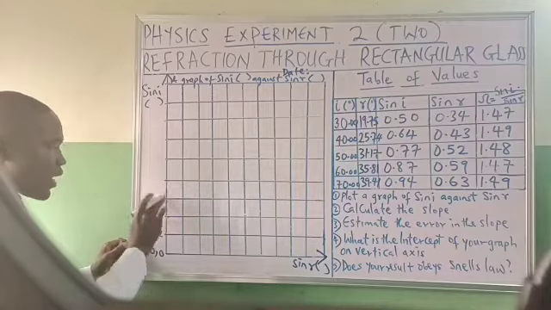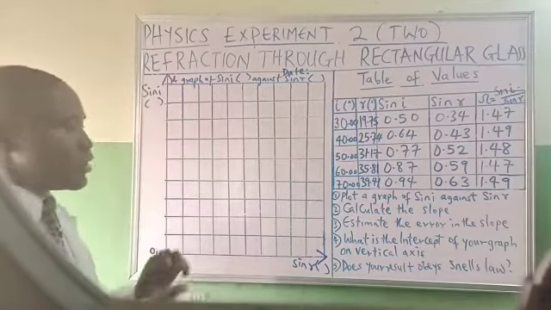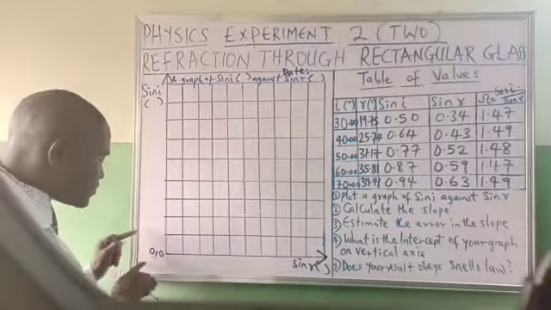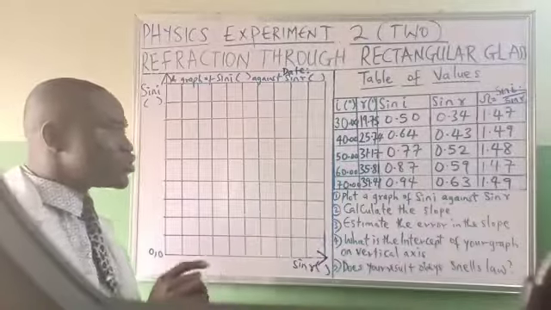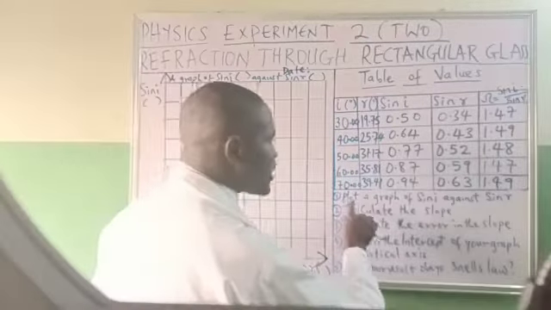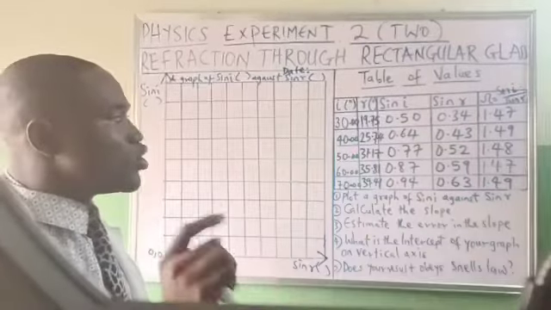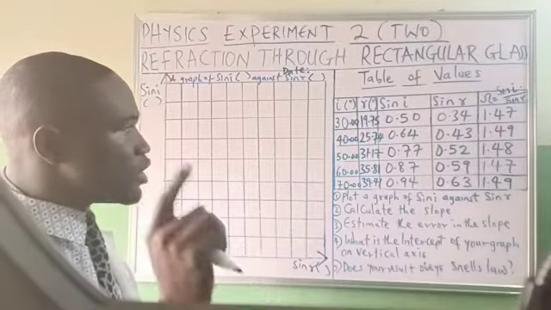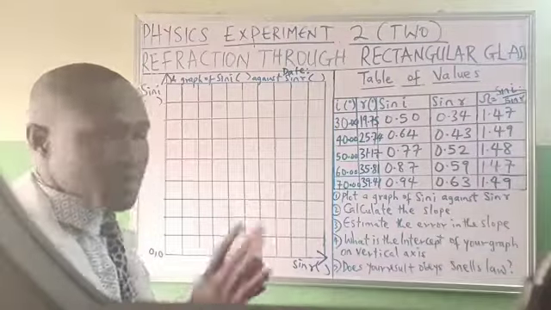If I'm choosing 1, I'll put 1, 2, 3, and so on. Then this means I am starting from the origin. Now, another point you have to note is that there are some cases where they will say start both axes from the origin. And you will notice that if you start both axes from the origin, there will be empty space at a part of the graph.